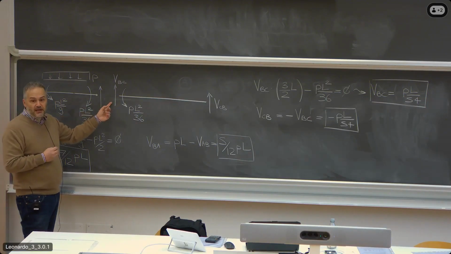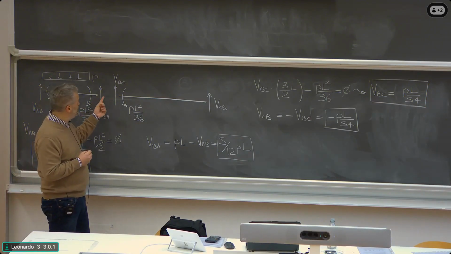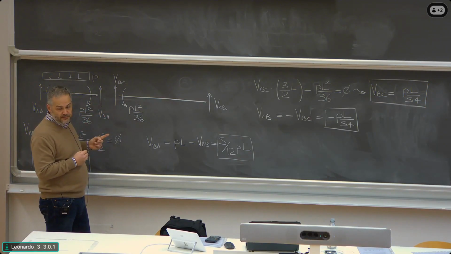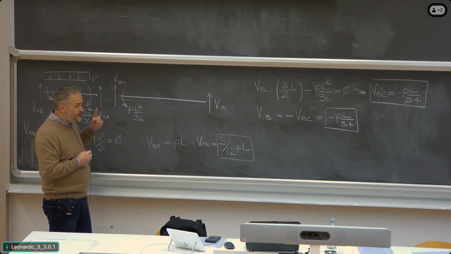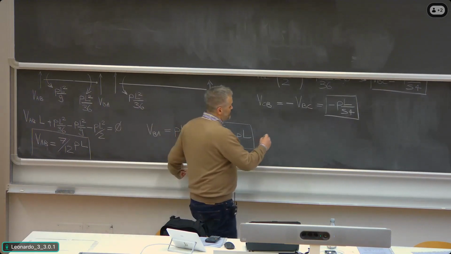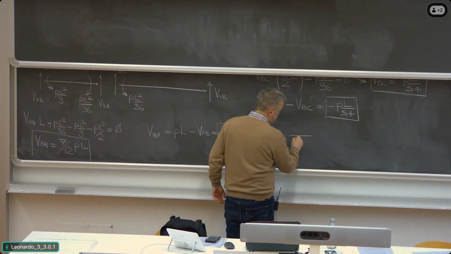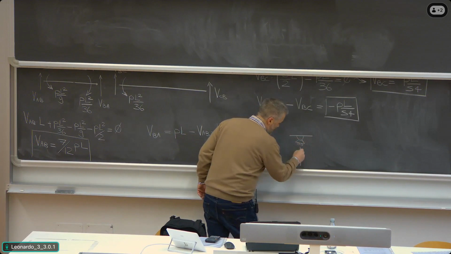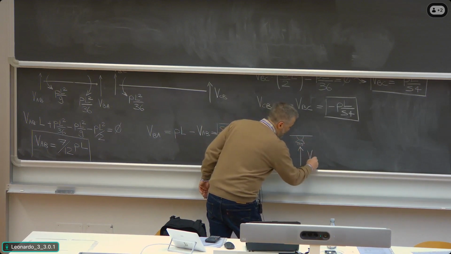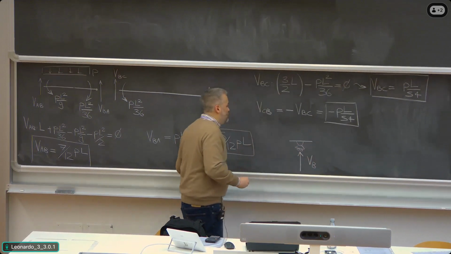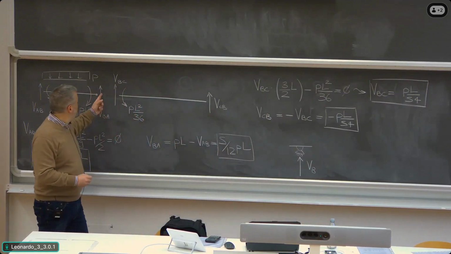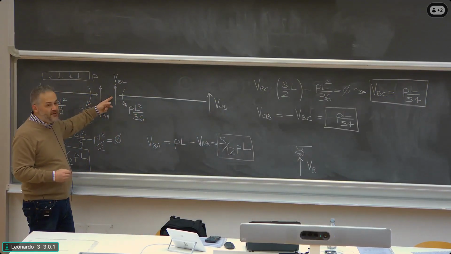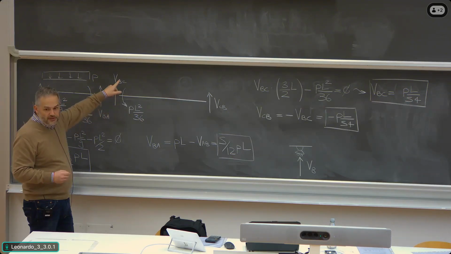At point B, you have to be careful because you have two shear forces. And this means what? This means that at the center support where you have the roller, we have the reaction force VB. Look at here. The two shear forces VBA and VBC are both upwards.